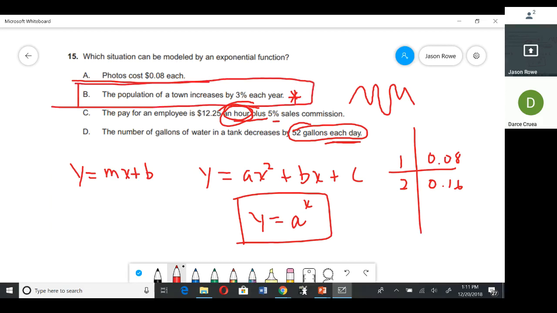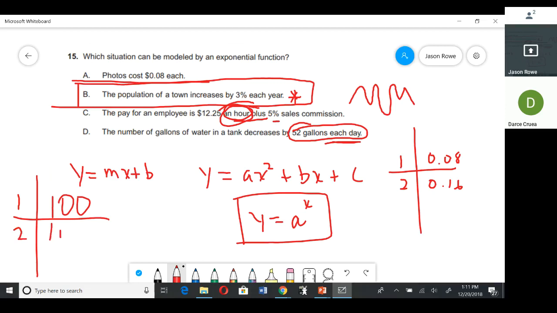B gives us our only possible choice here. It's increasing 3% each year. And you might say, well, that's constant because it's 3% every year. But the population that you're calculating your 3% of is going to be increasing every year. So for each year, your increase is going to be more. For example, year one, you've got 100 people.